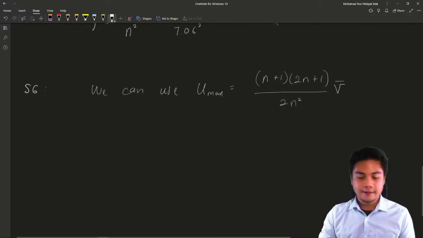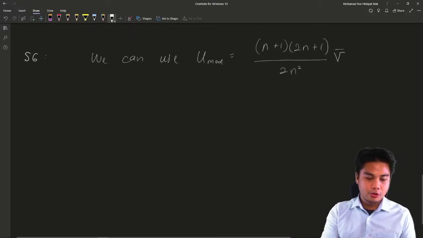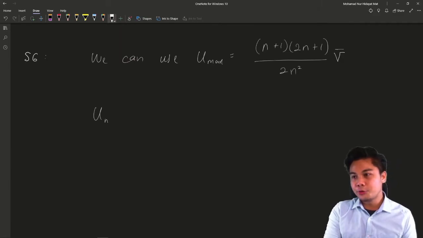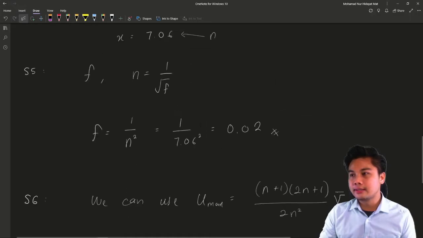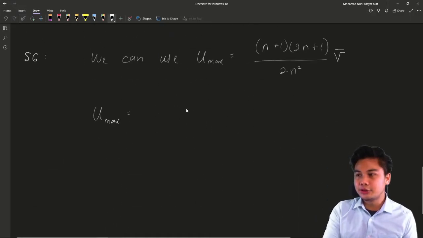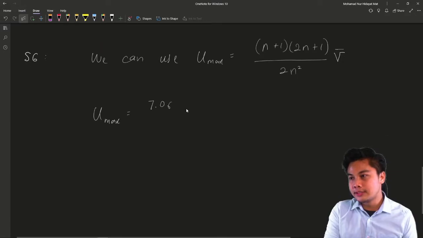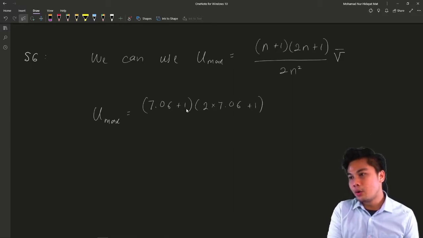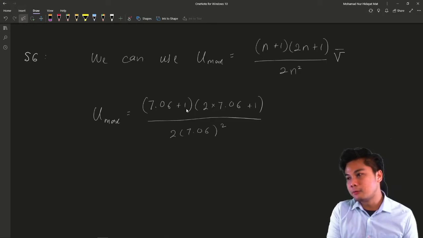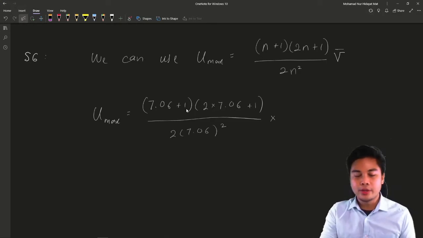From here, just substitute the value of n. Our n here is 7.06. So 7.06 plus 1, and 2 multiplied with 7.06 plus 1, over 2 multiplied with 7.06 to the power of 2, and this is multiplied with the average velocity, in this case 3.18 meter per second.